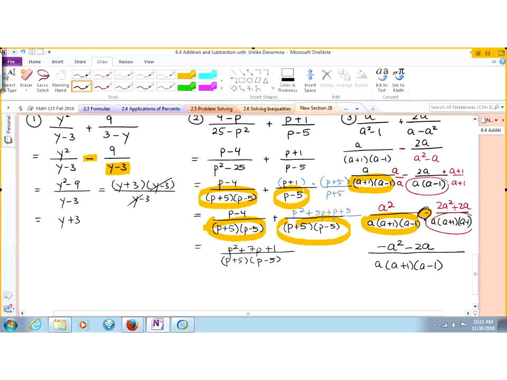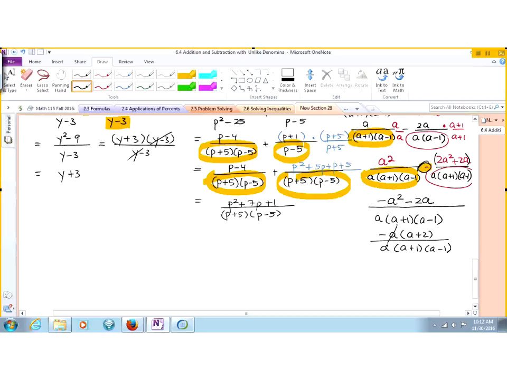Alright. Well, yeah, this is minus. This minus here applies to both. Yeah. So it's minus, and then you have to distribute this. Now, can I factor out something here? What can I factor out? Negative a plus 2, and then a plus 1, a minus 1.